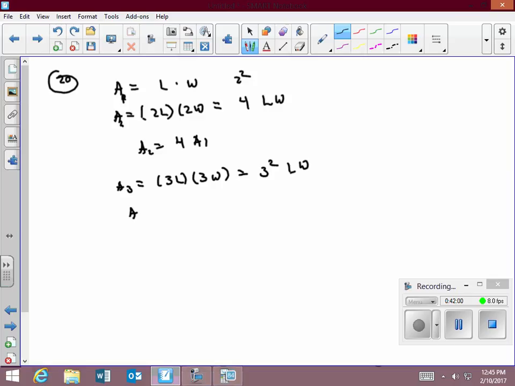So area 3 equals 3 squared times area 1. And then by 10, you can conclude area 10 is going to be 10 squared times area 1. And if you do it by n, it's n squared times area 1.